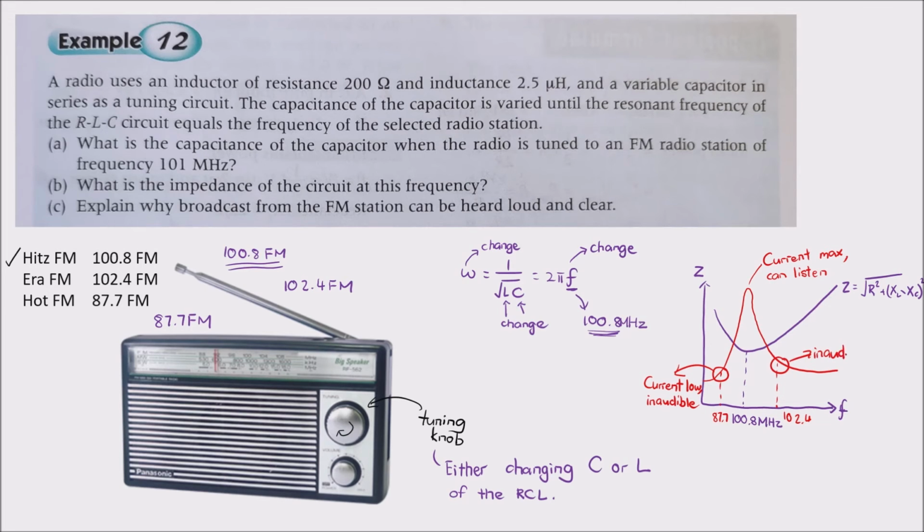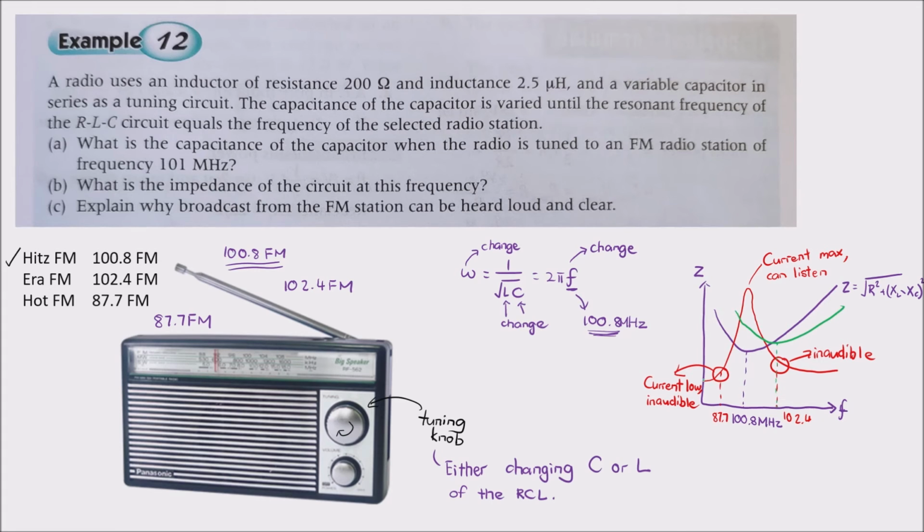If you are rotating the tuning knob, what you do is you are shifting the resonance curve. You are shifting the curve to here, then you will now change your resonance frequency to 102.4.